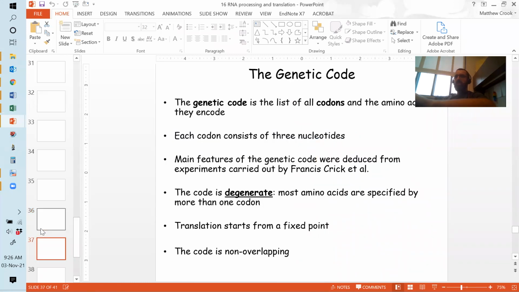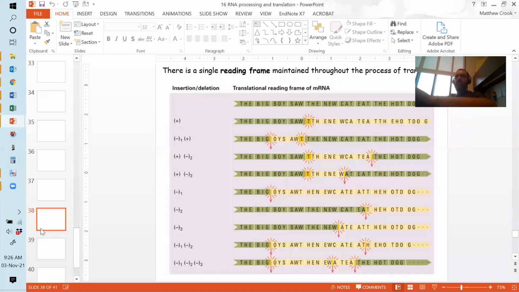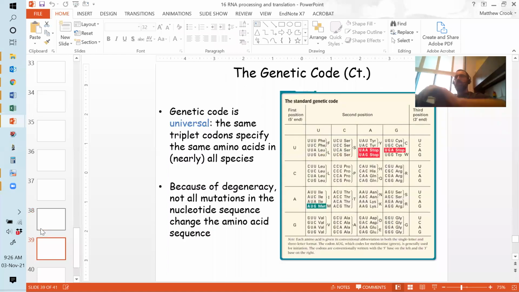Right, so essentially, each codon is recognized, other than the stop codons, by a tRNA.